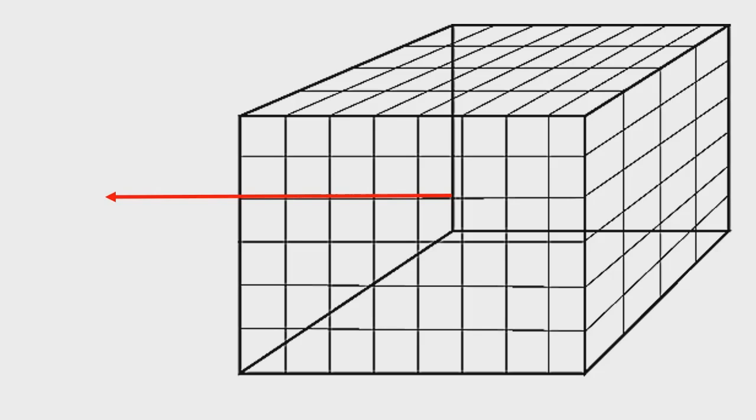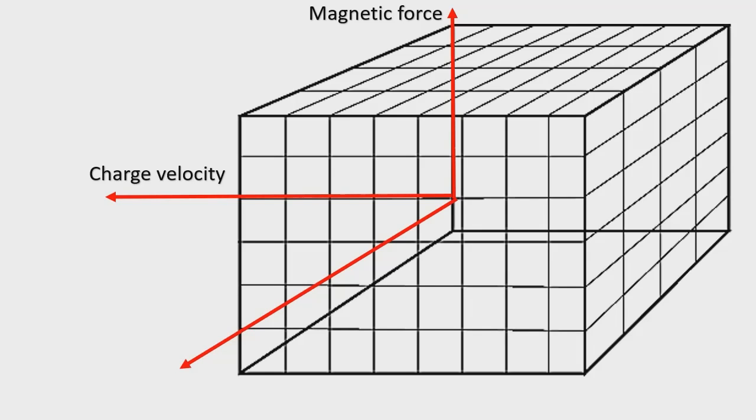The x-axis is the direction of the velocity of the charge, and the y-axis is the force on the charge. And the z-axis is the path of a magnetic field line.